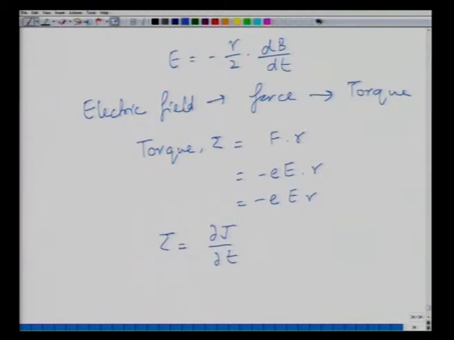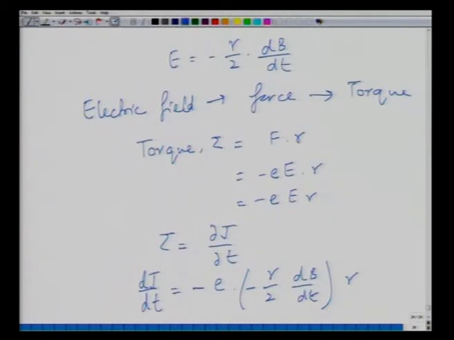So, from minus E r, we can say dj by dt is equal to minus E, the electric field, which is minus r by 2 dB by dt, multiplied by r. Let us replace del by d, because we need to use similar terminology on both sides.